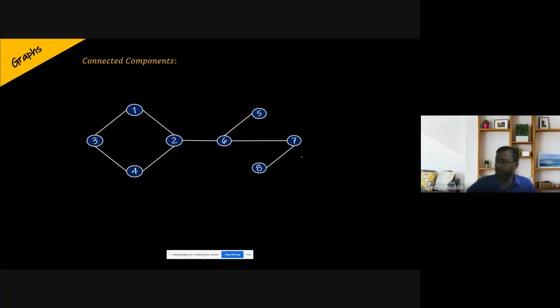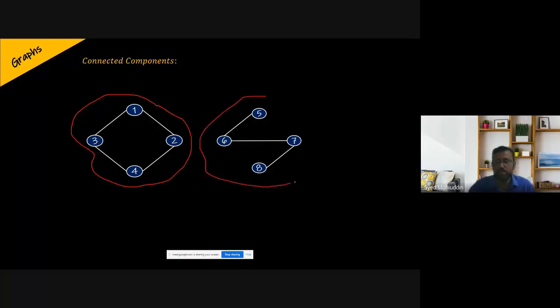But there is no edge between 2 to 6, so these 2 are disjoint subgraphs, actually. This becomes one connected component, and this becomes another connected component. So the entire graph has 2 connected components.